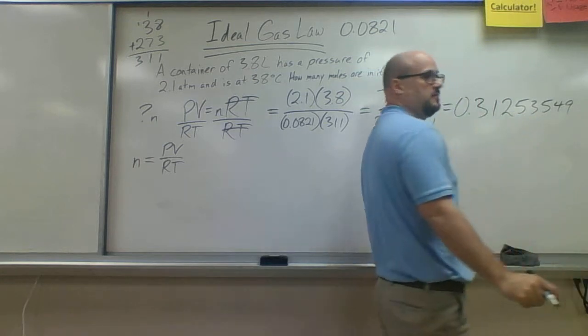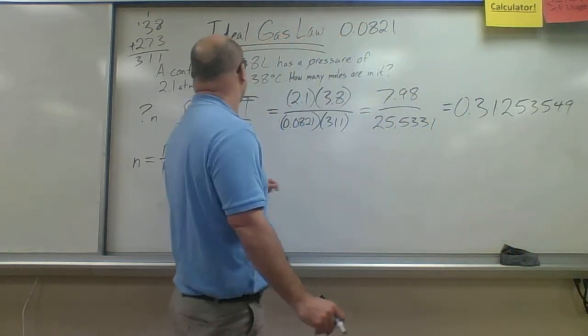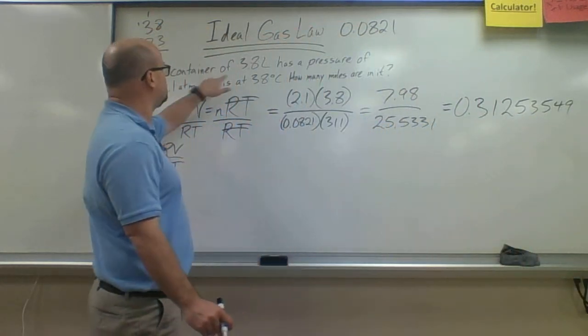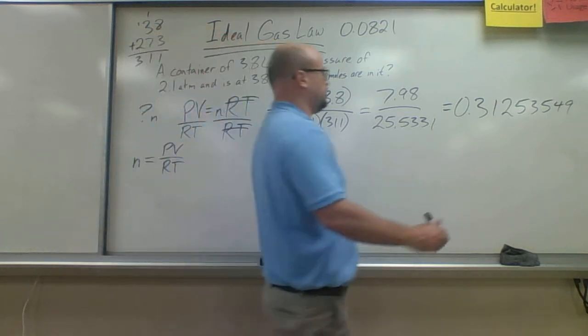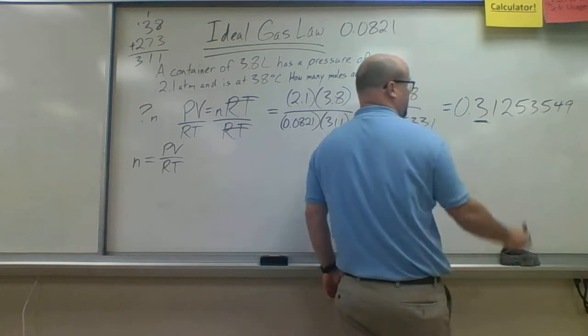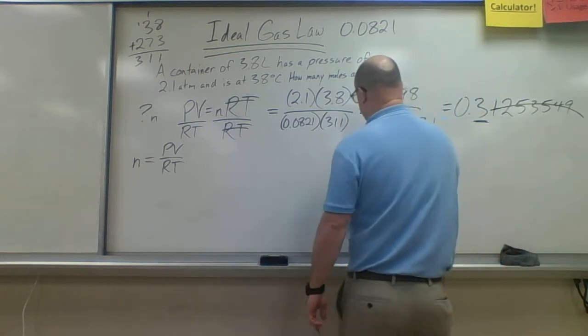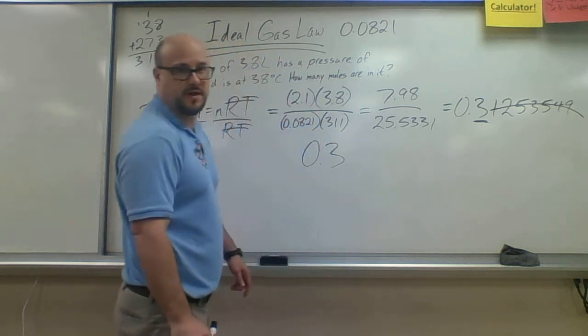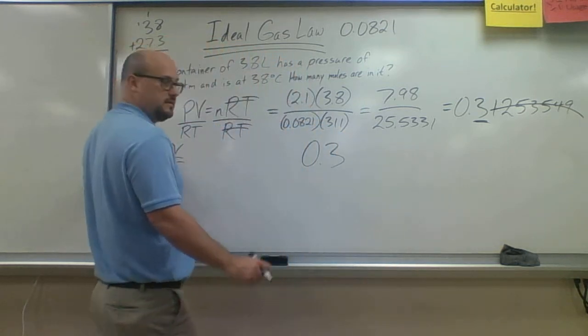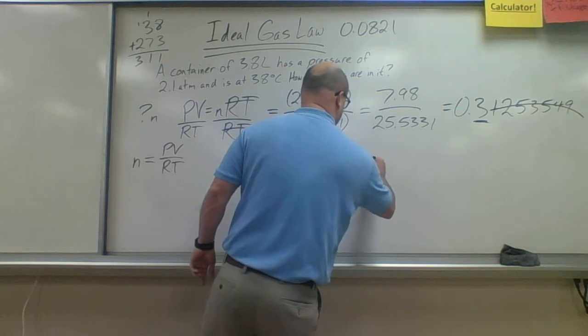Obviously, all of those aren't going to be necessary, but how many are? 1 decimal. We're going to round to just 1 decimal. So our final answer is 0.3, and again, we're looking for N, which is moles.